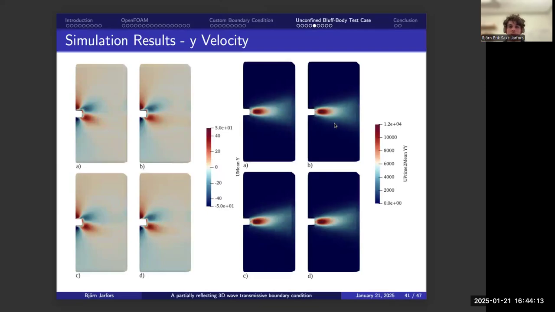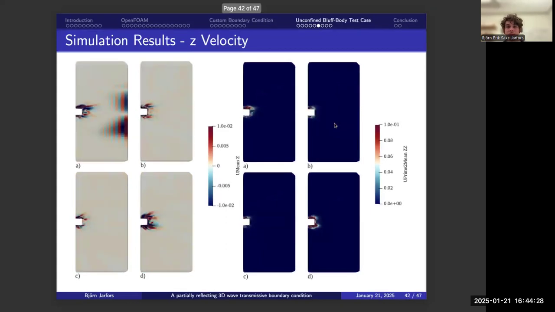And go over to the y velocity. In this case, it's very difficult to see any difference. It just looks like this is treated exactly identically in the mean or the statistical fields. But if we go to the z velocity, these reflections here are expected since we do not actually transport the z velocity in the LODI 2D case, only the x and y.